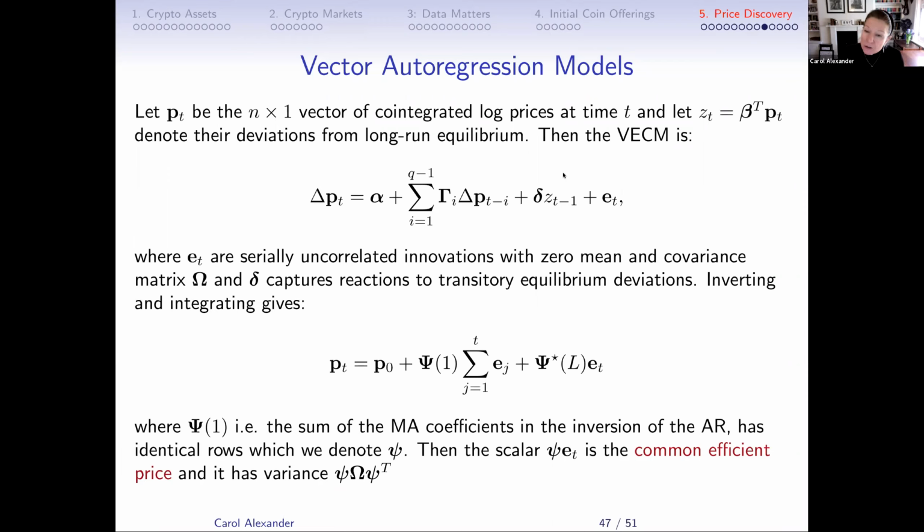And then you've got your disequilibrium term here, provided they're co-integrating, and they are, of course, very strongly co-integrating. This would be very significant, and the model would not be properly specified without including that. And as long as you've got enough lags, these should be serially uncorrelated innovations, zero mean, and covariance matrix omega.